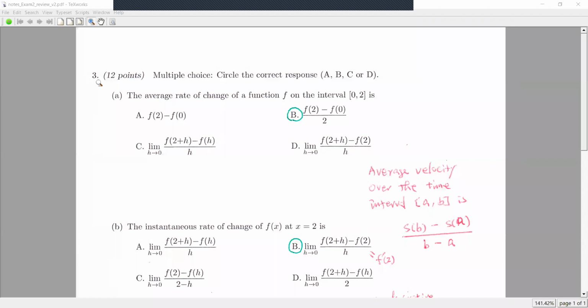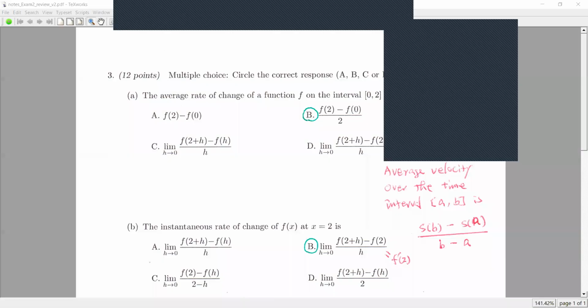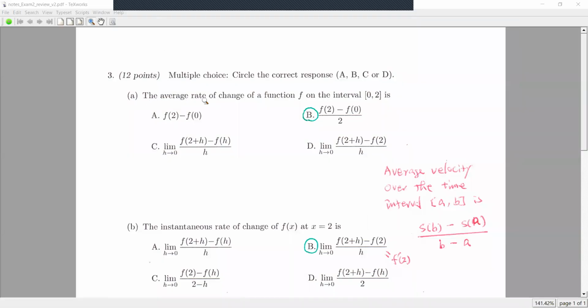Problem number 3. This problem is also from Exam 1, Spring 19, and also belongs to section 3.1. Multiple choice. Circle the correct response. Part A. The average rate of change of a function f on the interval from 0 to 2 is b.